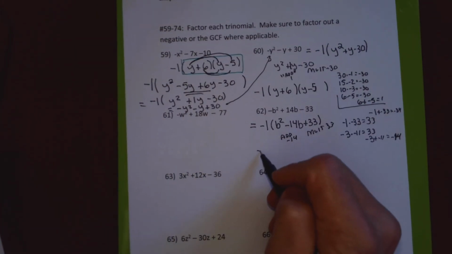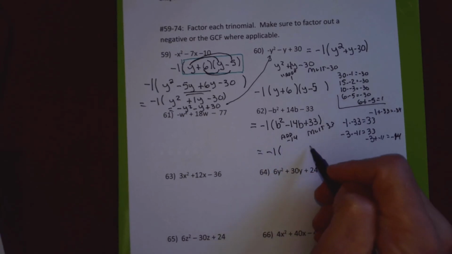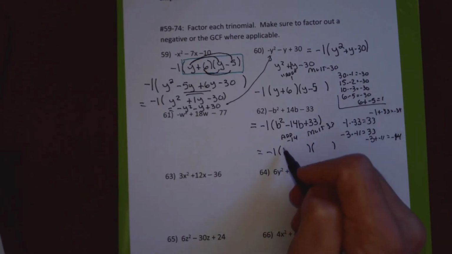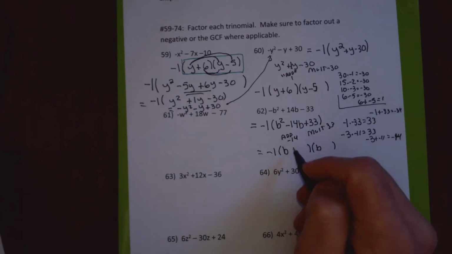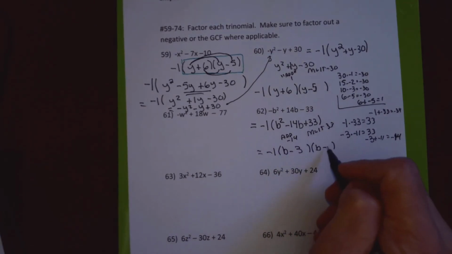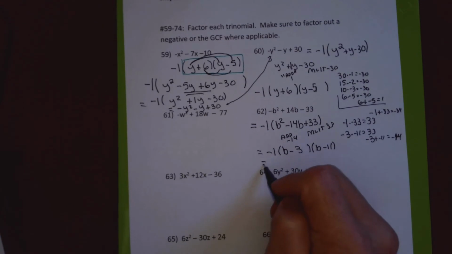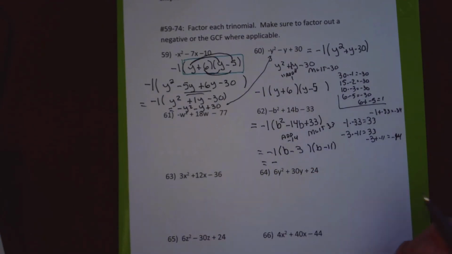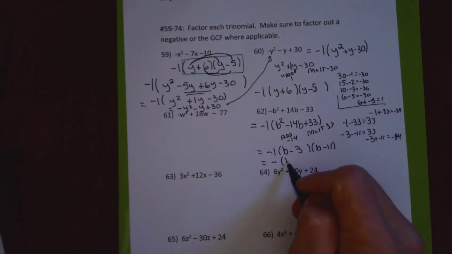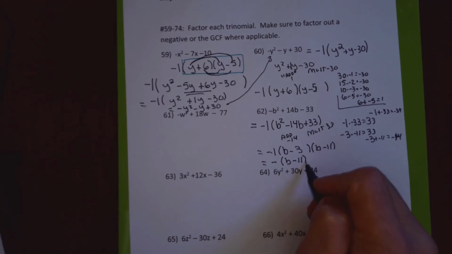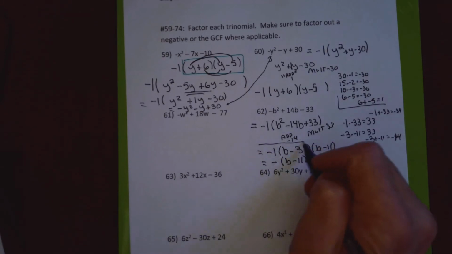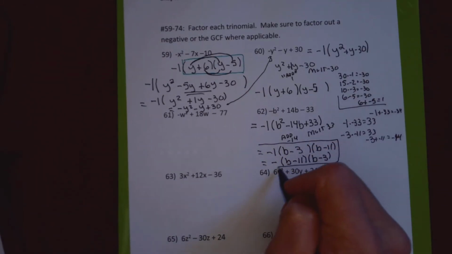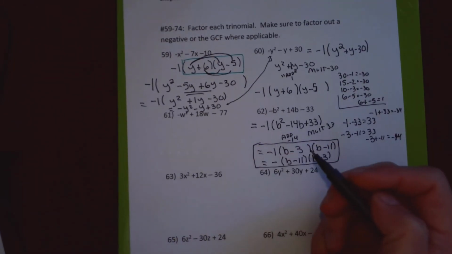So I'm going to leave the -1 out front, and I'm going to create two parentheses for my single parentheses, lead it with a couple of b's, follow them up with a -3 and a -11. That's an acceptable answer. I could suppress the 1 and just write a negative in front of my parentheses and follow it by, in either order, a b-3 and a b-11. Those are just two variations of the right answer.